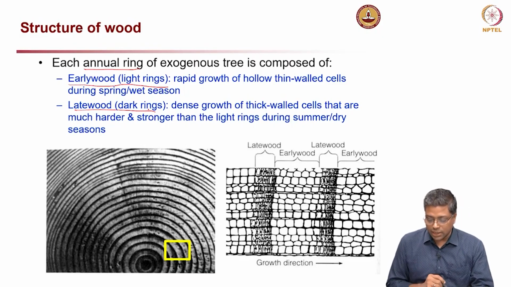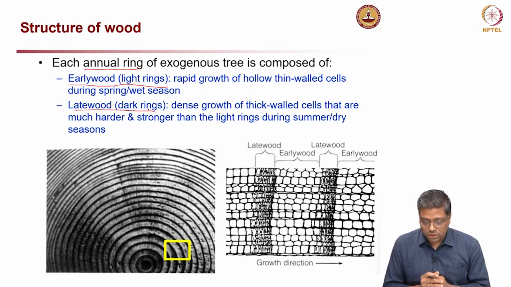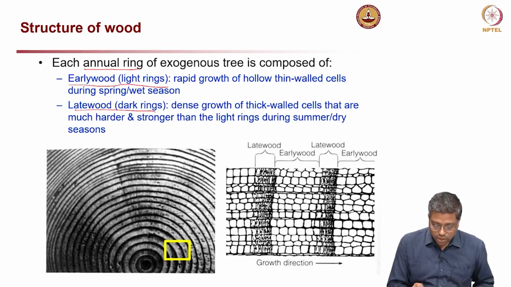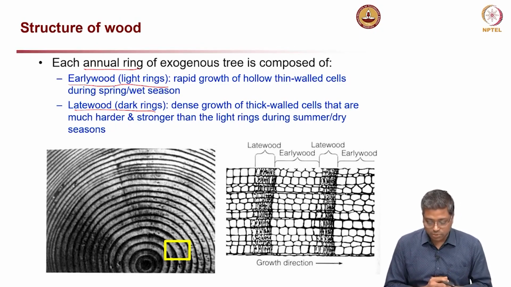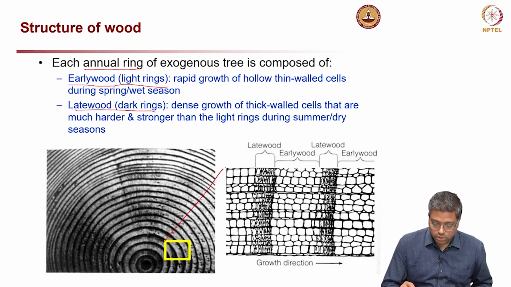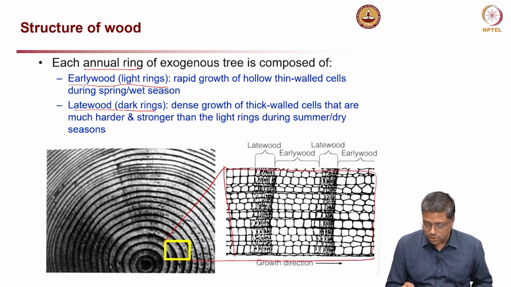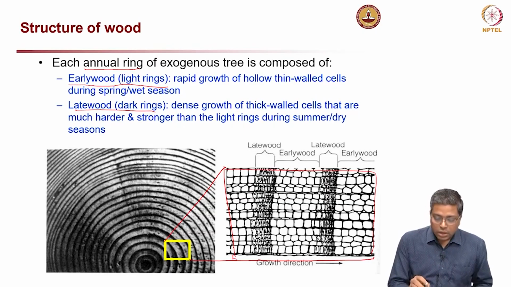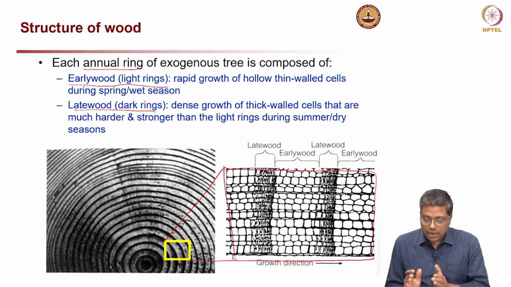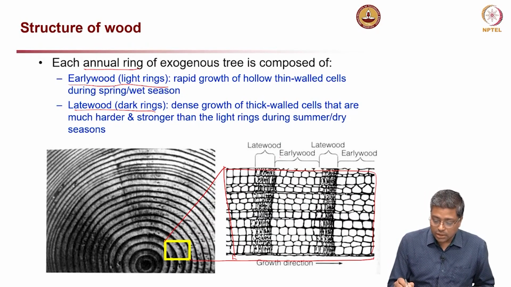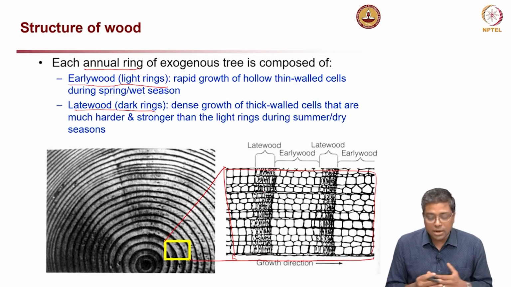Now on the bottom right side, you have a close-up image of this yellow region shown in the left side image. Now look at these dark and light color rings.